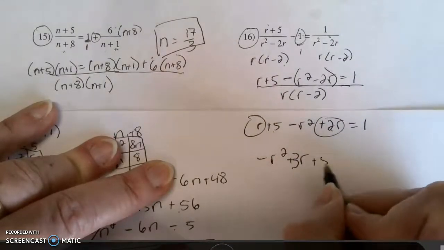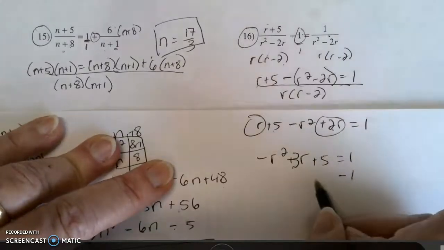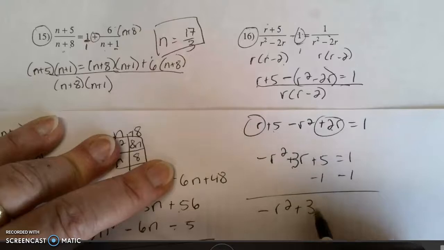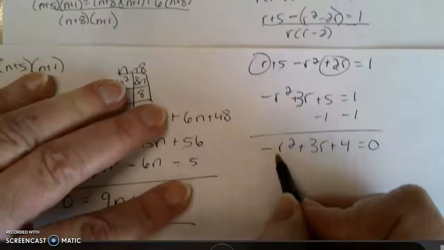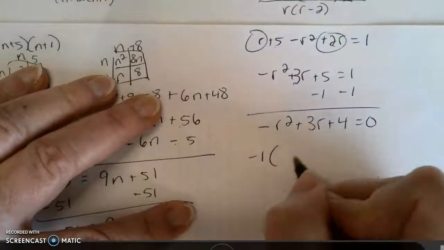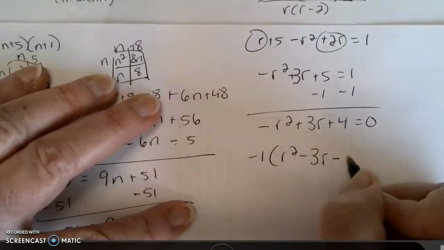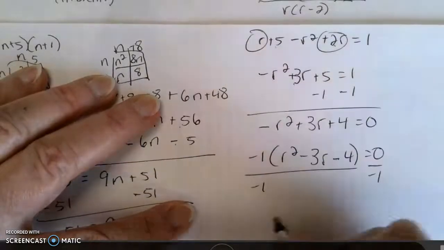Then I've got my plus 5. In order to solve an r squared, it needs to equal 0. We don't ever have a negative r squared, so I'm going to factor out my negative 1. I'm going to divide by that negative 1.